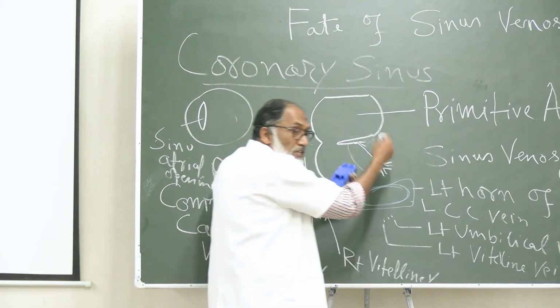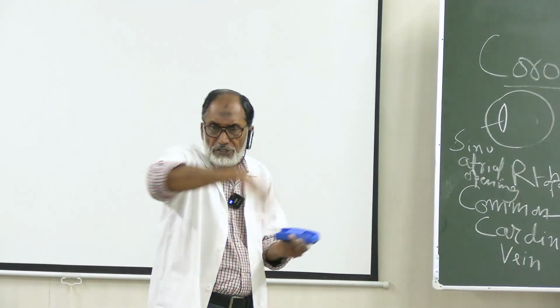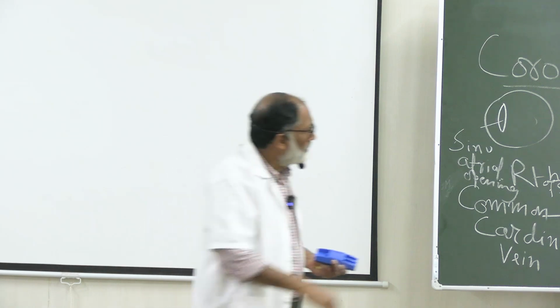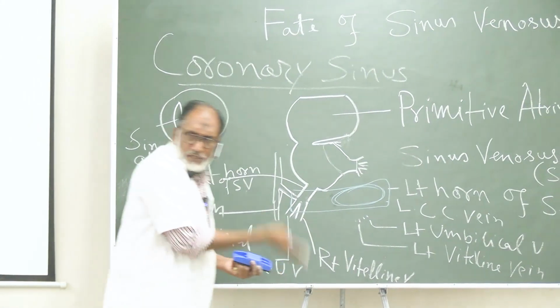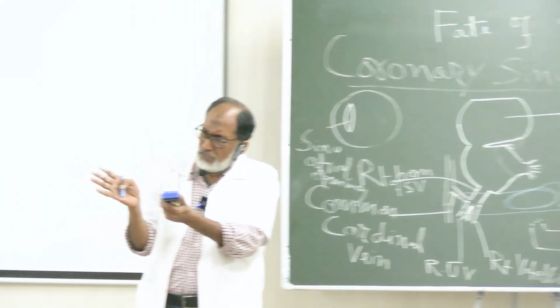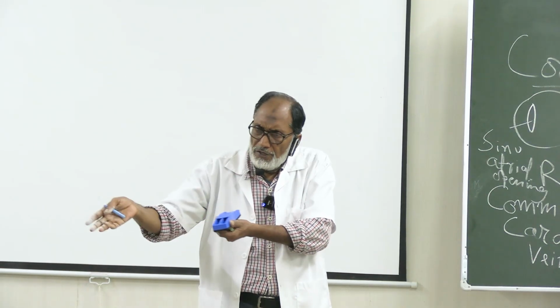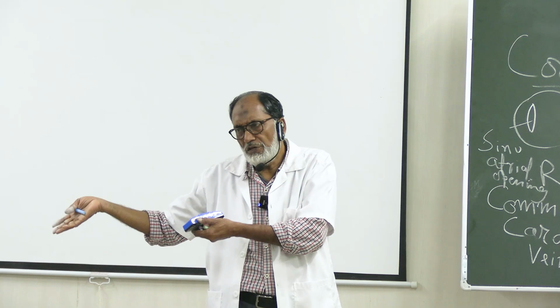So the developing liver separates these things into suprahepatic part and subhepatic part. This is the suprahepatic part and this is the subhepatic part. Subhepatic part persists as left umbilical vein in the intrauterine life. After birth, that becomes degenerated into the teres hepatis.